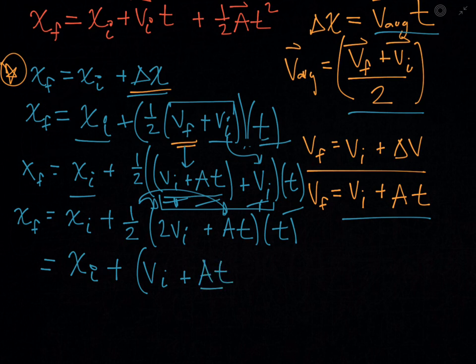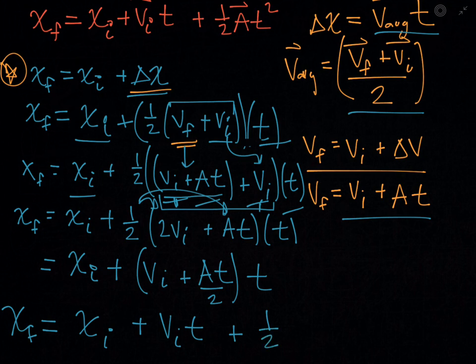acceleration times time over 2, times time. Or we could say the final position is equal to the initial position plus the initial velocity times time plus 1/2 the acceleration times time squared.